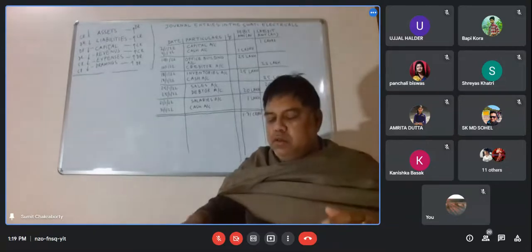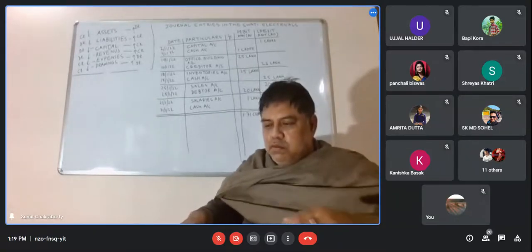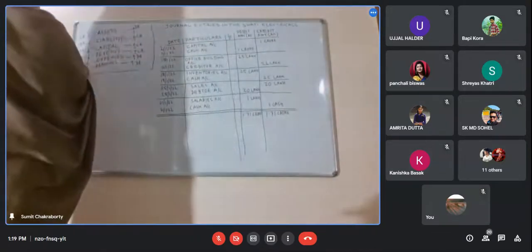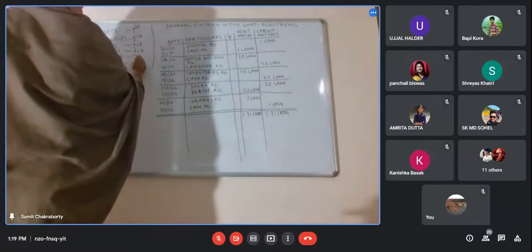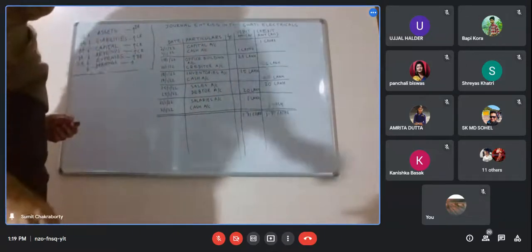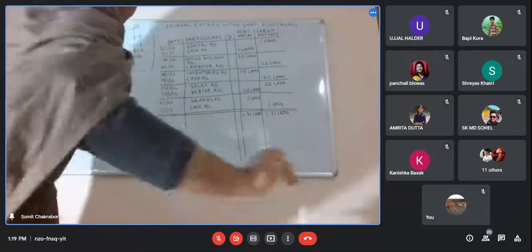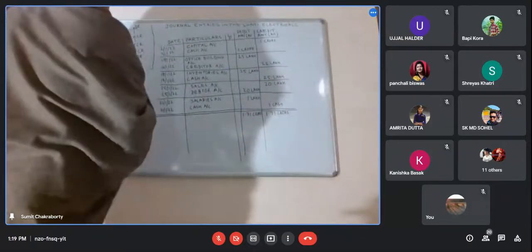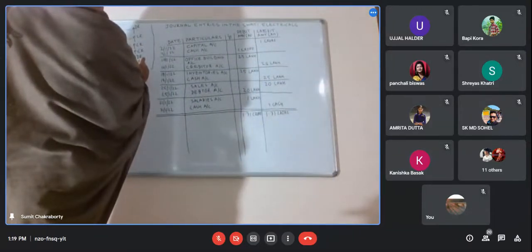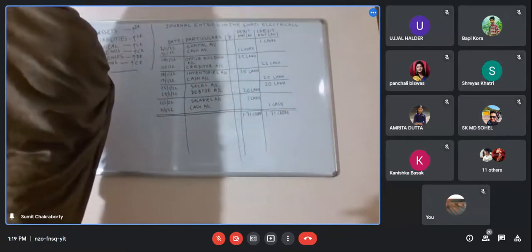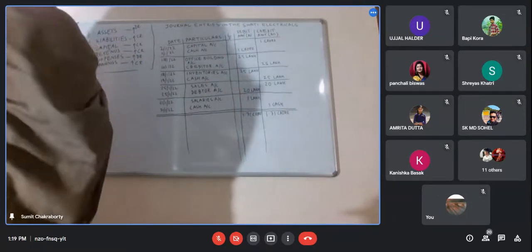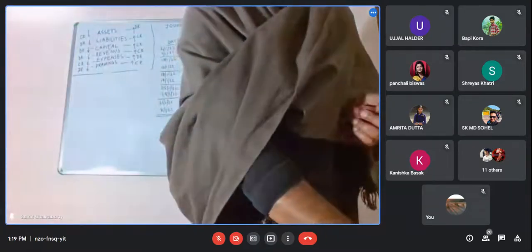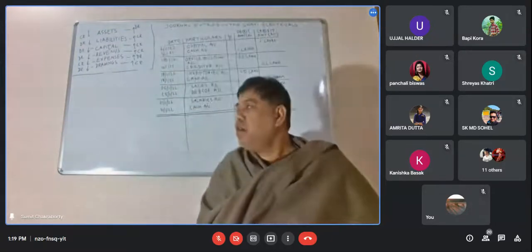There is a mistake here. It should be debit and it should be credit. It should be credit, it should be debit. So you should correct that table there.